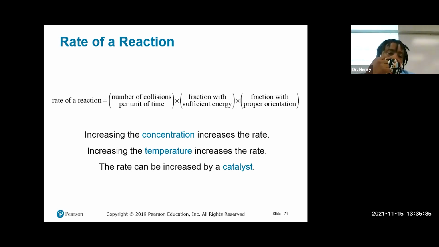Okay, so an increase in concentration is going to affect our rate. An increase in temperature is going to affect our rate. If we have a catalyst, it's going to affect our rate. We've done thermodynamics already, so you're familiar with the fact that temperature will definitely increase the speed, and having more of your reactants readily available makes it easier to drive the reaction.